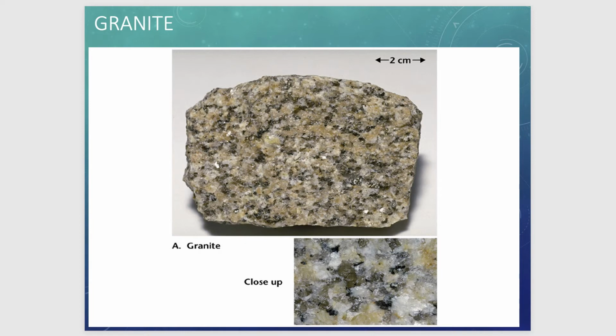Because of that, you obtain textures that are holocrystalline, so crystals are well developed, and also phaneritic, because you can see the mineral assemblage without use of a hand lens.